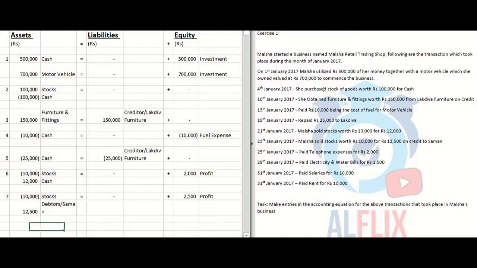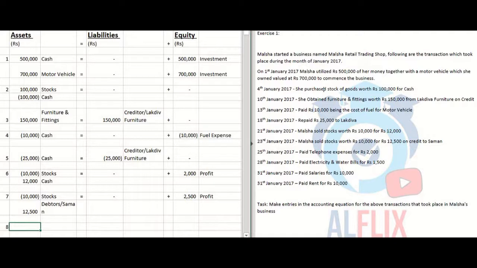Transaction number 8. Paid telephone, 25th January 2017. Paid telephone expenses for rupees 2,000. So here there is an expense which was incurred by the business, which also has been paid, worth rupees 2,000.